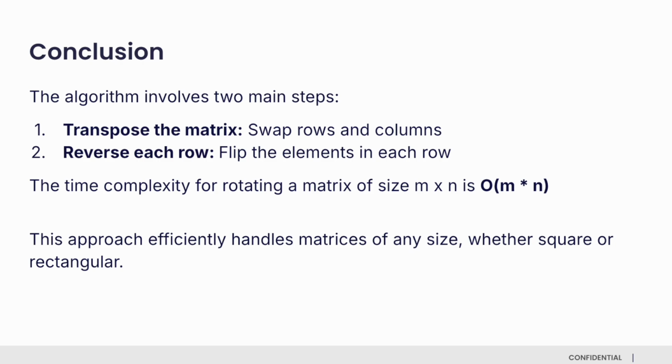We saw that the time complexity of the algorithm is O(m times n), and this complexity reflects the fact that we need to process each element in the matrix exactly once, which scales linearly with the total number of elements. This approach is efficient, works for both square and rectangular matrices, and ensures that the matrix is rotated in place without requiring extra memory, without us having to open a new array to hold the elements.